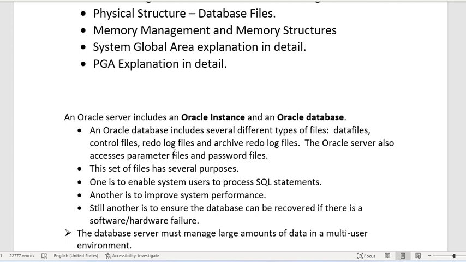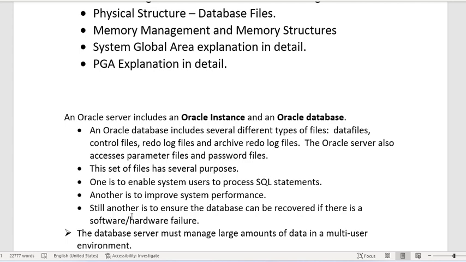One is to enable a system user to process a SQL statement, because once you understand how a SQL statement is processed, you will have a good understanding of the database. Then you will be able to visualize each and every component, and how it moves any SQL statement when it gets fired on a database.